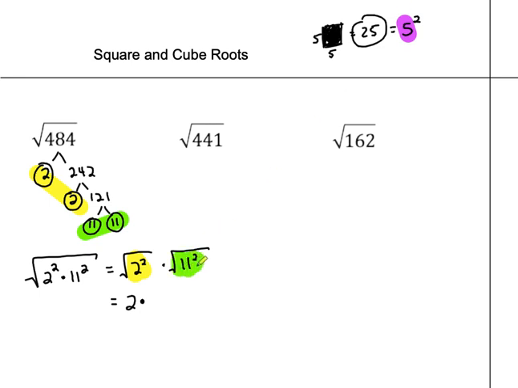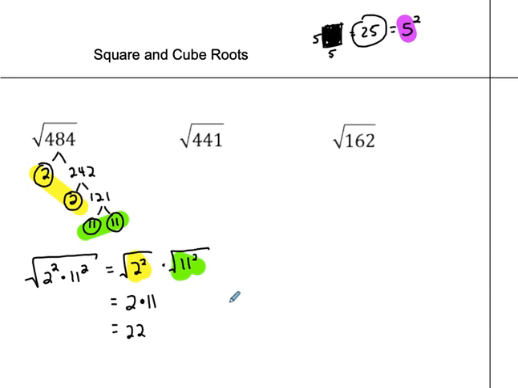Here I have 11 squared. And the base of this square is 11. So in other words, the square root of 11 squared is 11. So the square root of 2 squared times 11 squared is 2 times 11. And 2 times 11 is 22. So the square root of 484 is 22.